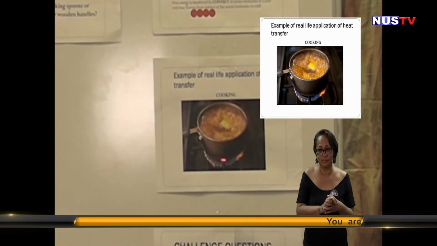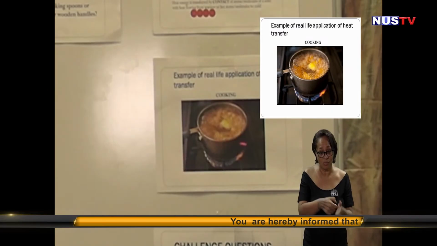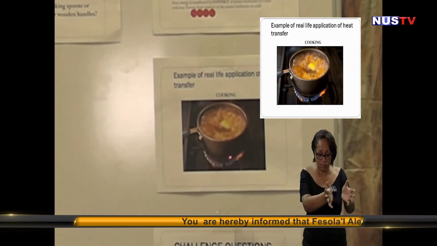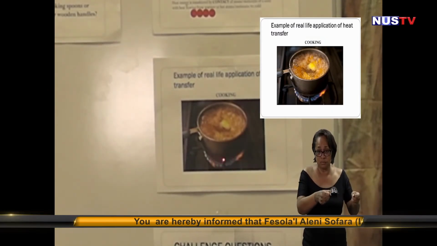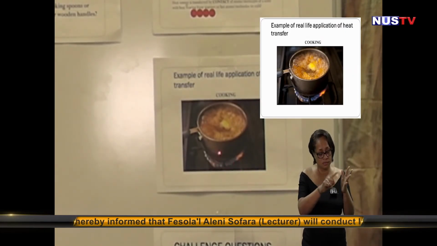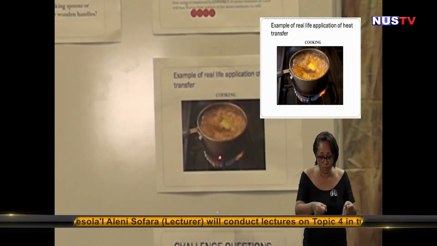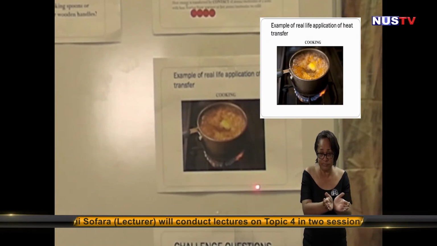So down here at the bottom of the pot, which is in contact with the element of the oven, that's conduction. Heat is transferred through the pot from the elements of the oven to the pot via conduction.